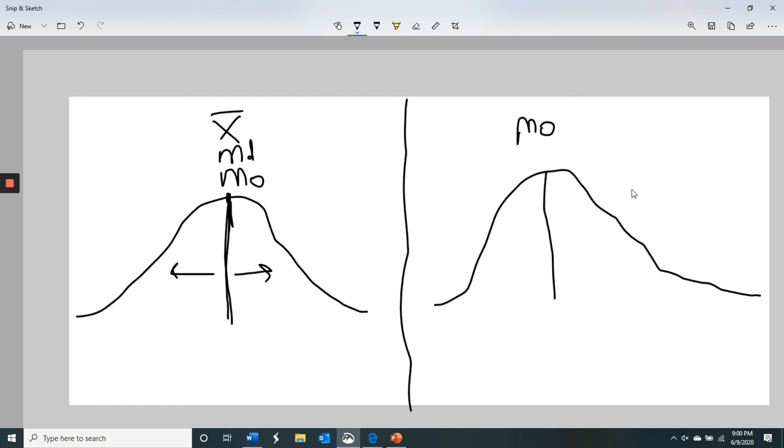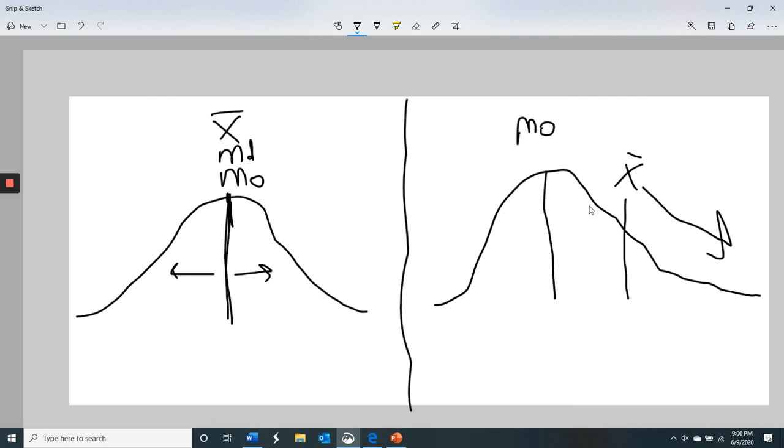The mean is also not that great because the mean will be pulled towards the extreme. So the mean is being pulled towards the extreme. So the mean will be maybe somewhere around here. This is just a rough guesstimate. So the mean is not great because it's pulled way over here, and there's a lot of people over here, so it's not really a great representation of our sample.